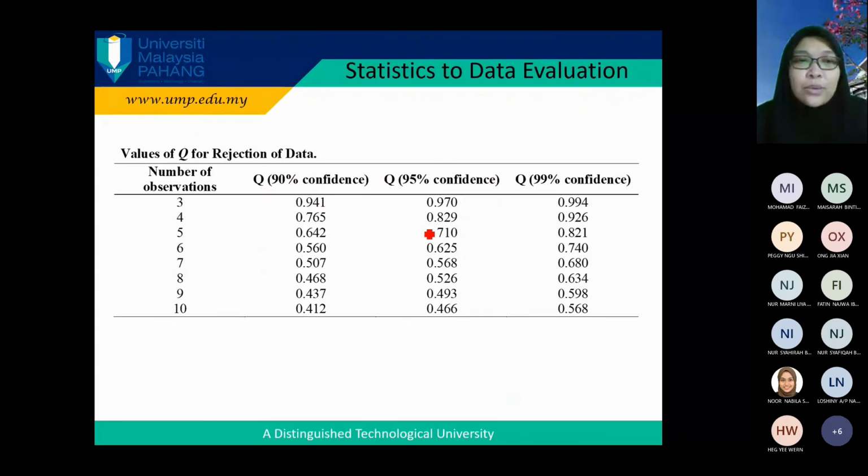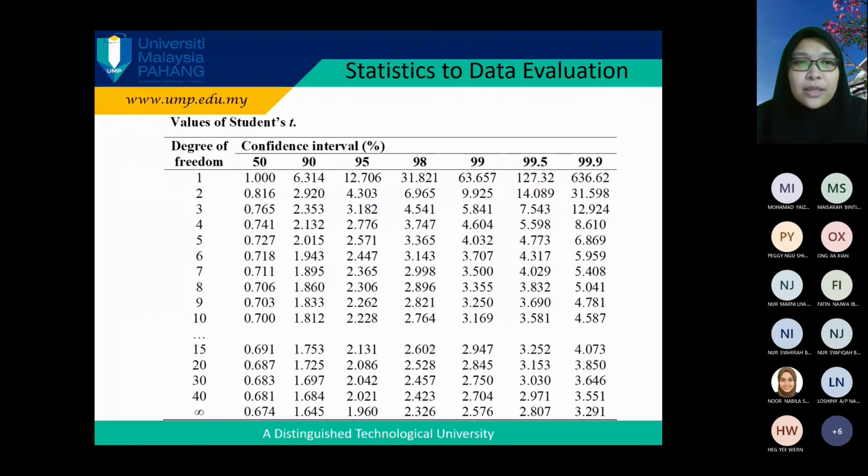This is the Q table. We have 90%, 95% and 99% confidence. This is the number of observations. If you have 3 data, so 3 observations, this is the value of Q table. And this one is the student T table. Those tables will be given in the appendix for the final exam.